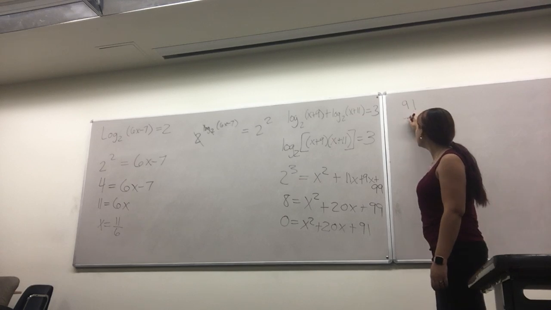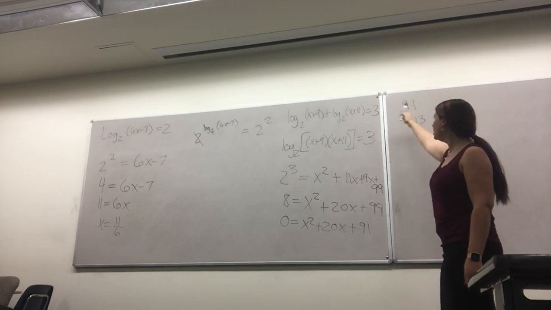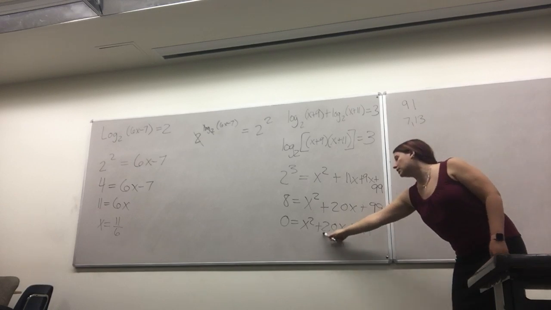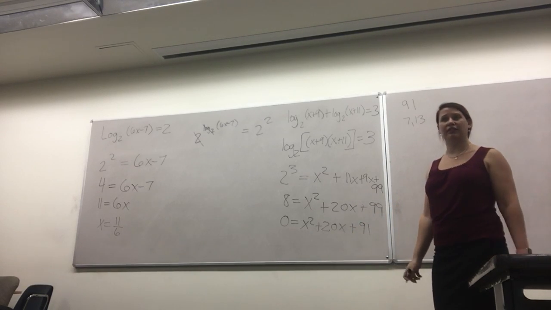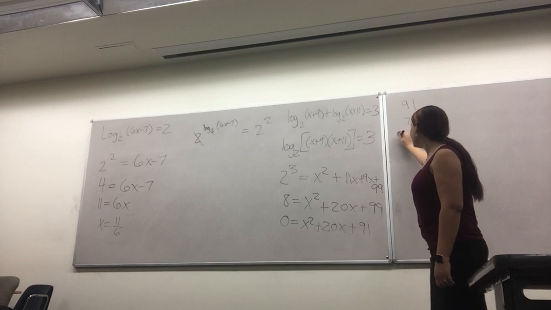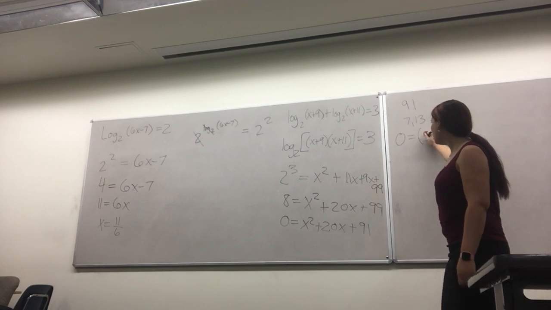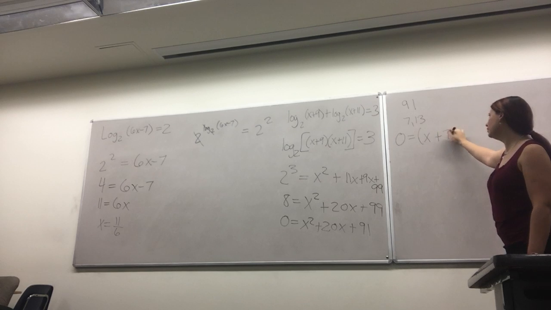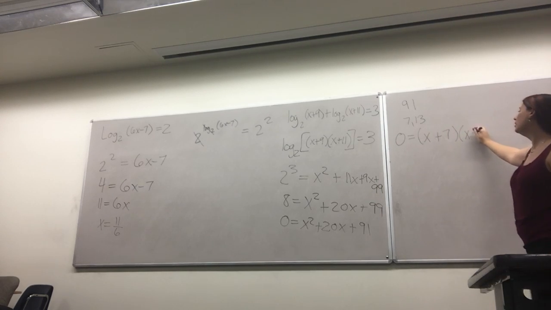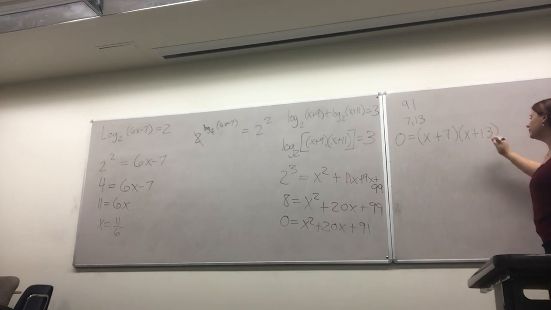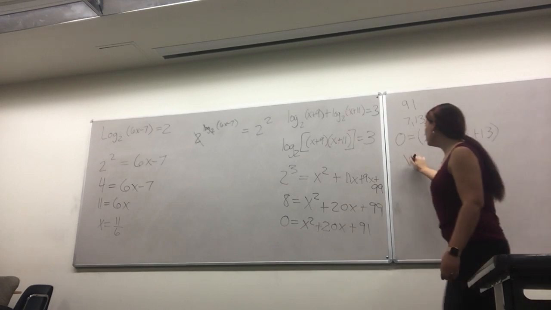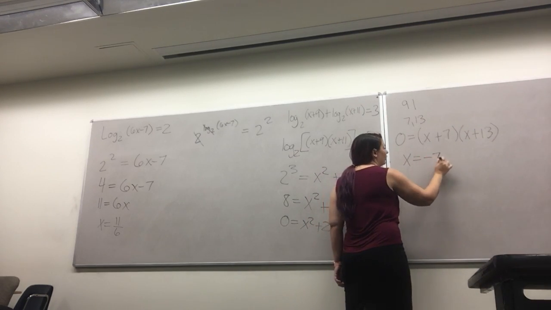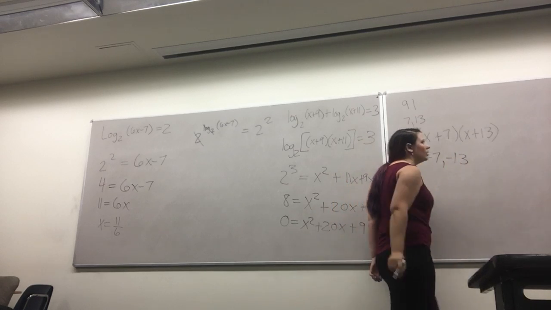So we get 7 and 13, multiply to 91, and because it's plus, and plus here, add to 20, right? So that means 0 is equal to x plus 7 and x plus 13. So then x equals -7 and -13. Are we done?